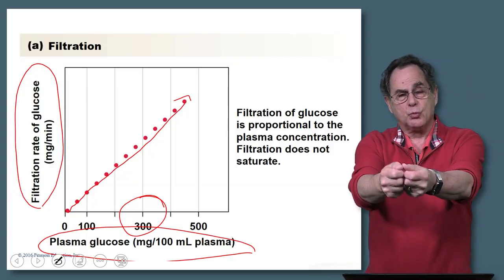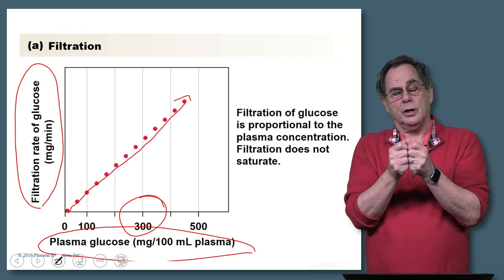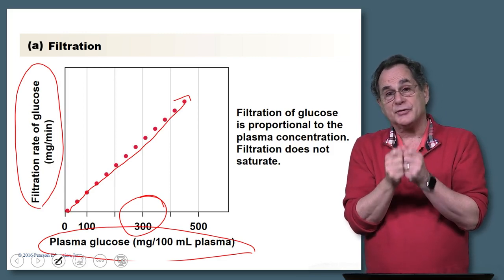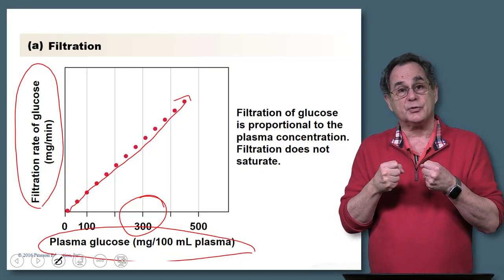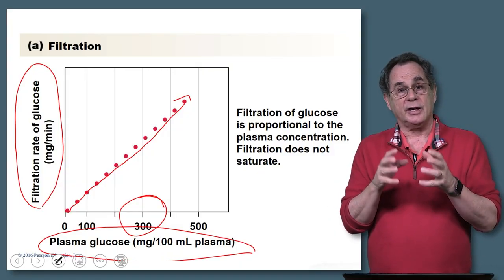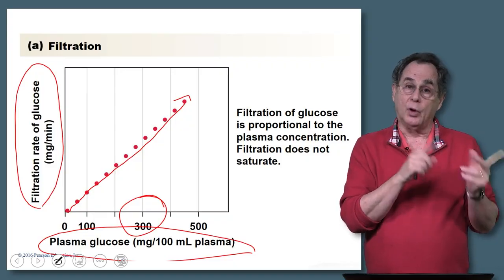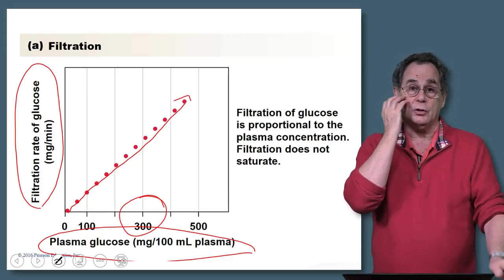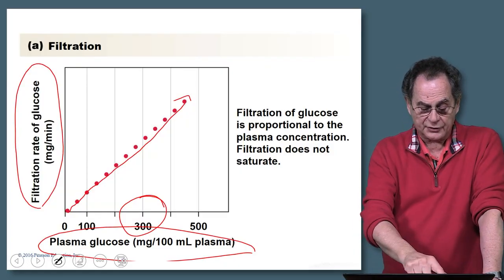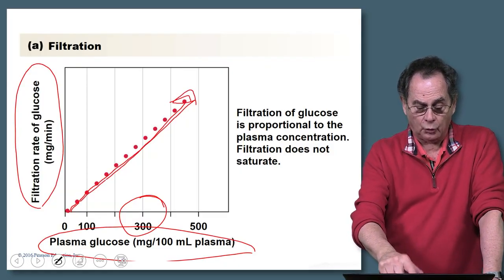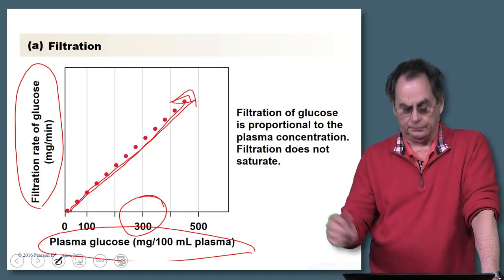Why? Because as water moves on the basis of Starling forces into Bowman's space, it pulls these small solutes in an equal concentration to what the concentration was within the capillary lumen. So as the concentration rises, the filtered load of glucose will rise in parallel.